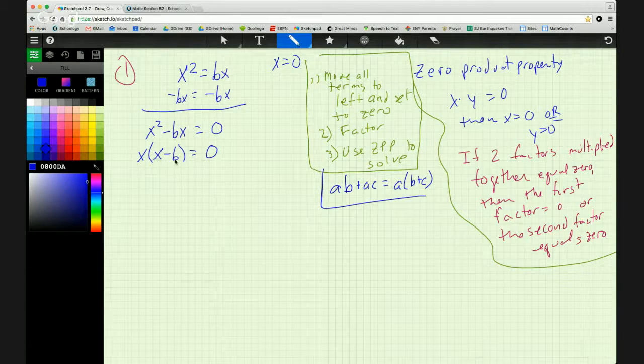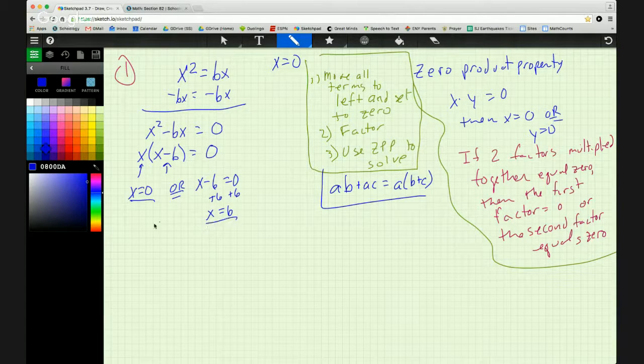If x times x minus 6 equals 0, then we know, using the zero product property, that either the first thing or the second thing must be 0. So we write x equals 0, or x minus 6 equals 0. X is 0 means x is 0. X minus 6 equals 0 means that x equals 6.